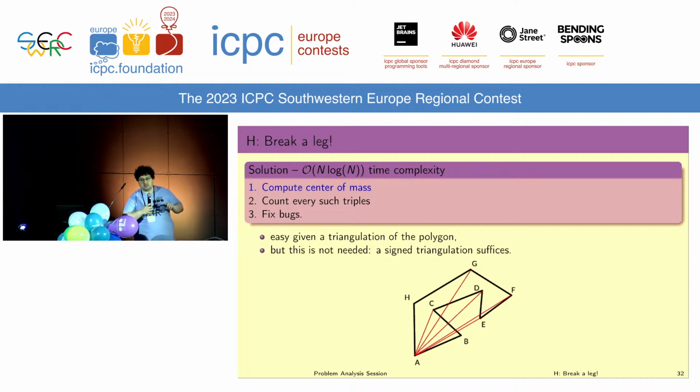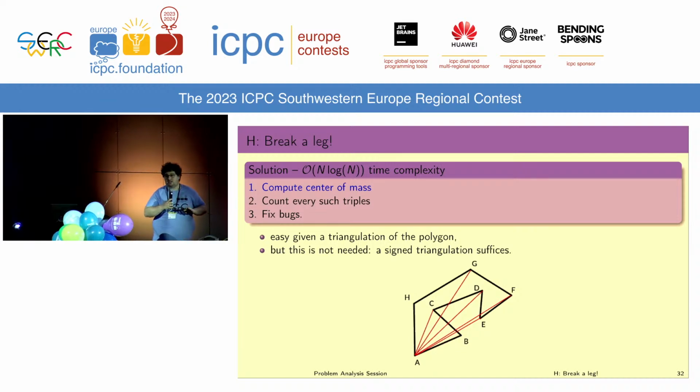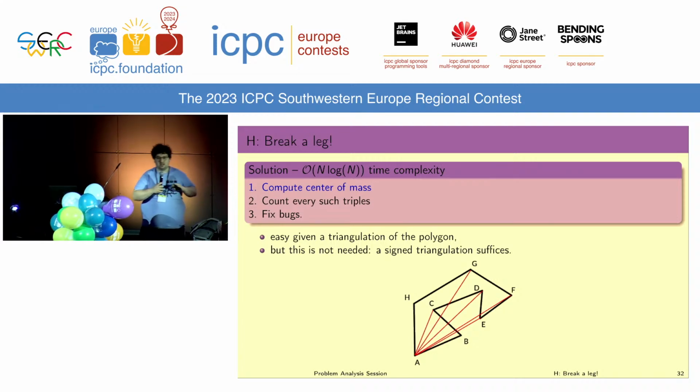So if you had the triangulation for a non-crossing polygon in your notebook, congratulations. But actually, this was not necessary, because it's not easy to implement. You can simply use any signed triangulation, which means that you have negative and positive triangles, and then you can do the same trick, putting a negative weight for triangles which are negative.